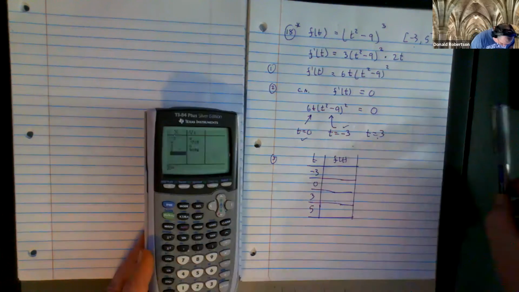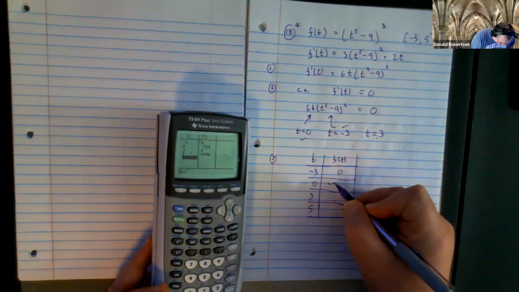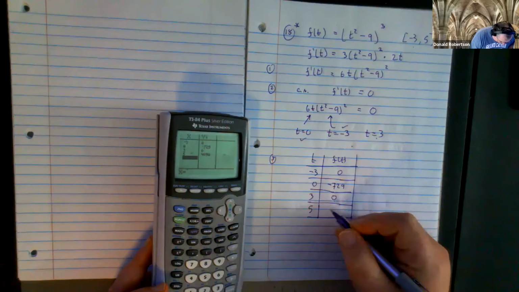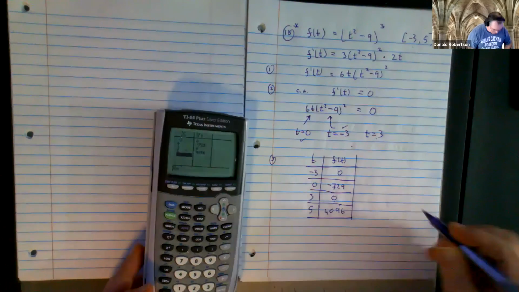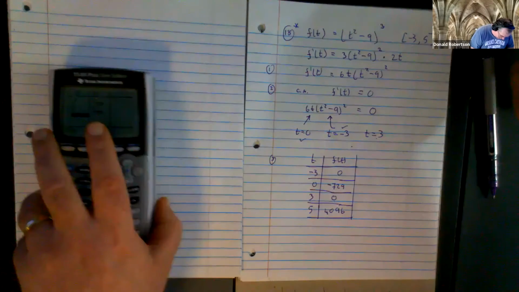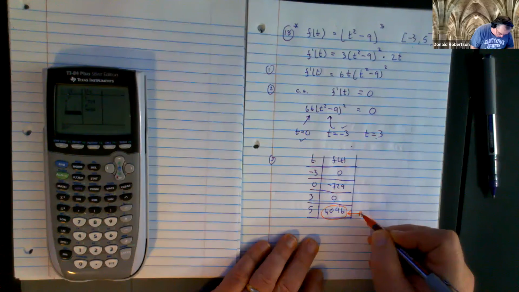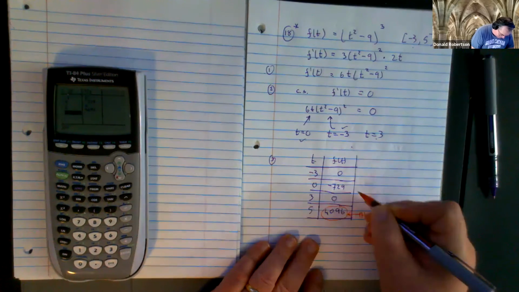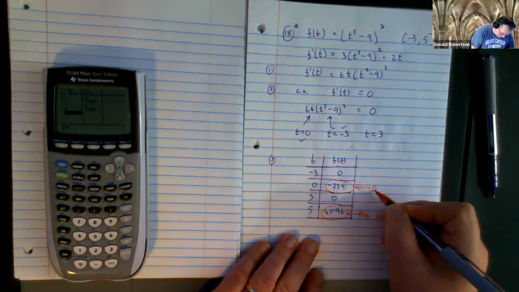And the numbers I got were 0, -729, 0 again, and 4096. And that number there is the absolute max. And that number there is the absolute minimum.